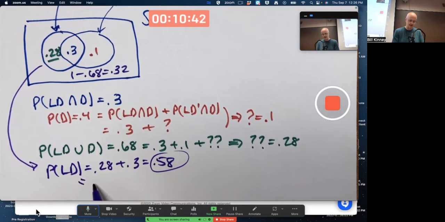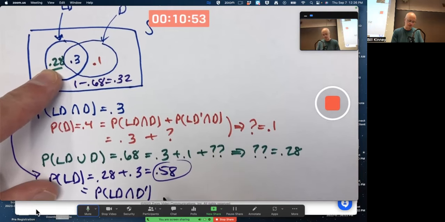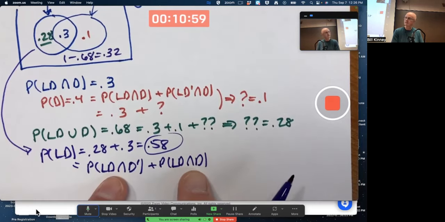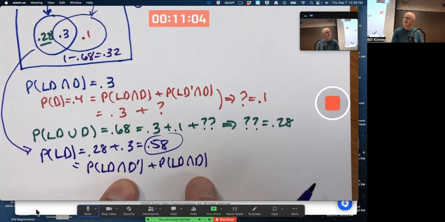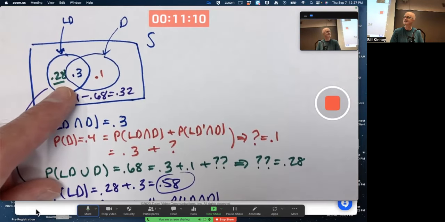Sure, you could write this as P of LD intersect D prime, actually, that's the 0.28. That's outside D. Complement of D plus P of LD intersect D. These again are mutually exclusive events because one's got a D prime and one's got a D and intersection. And you can see it in the picture. These are two non-overlapping sets. Their intersection is empty.